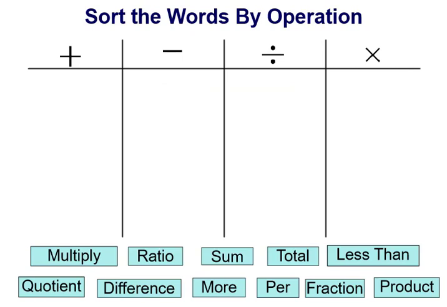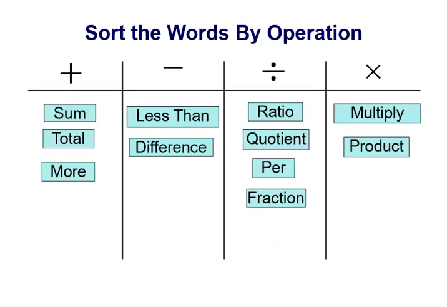So now let's put it to the test. We have some different words at the bottom of our screen, and we want to sort the words by the operation they're representing. So take a minute and see if you would know which word goes in which column. So you should have, in the first column, a plus sign meaning addition. So that's words like sum, total, more.